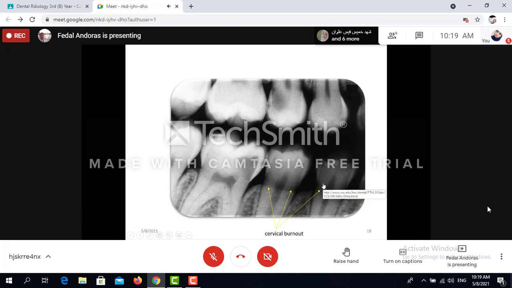It's not caries. Okay? Look here. This one is a severe caries, real caries. This one is advanced to severe caries, but this one is cervical burnout, as I said, which is a normal phenomenon rather than a true caries.